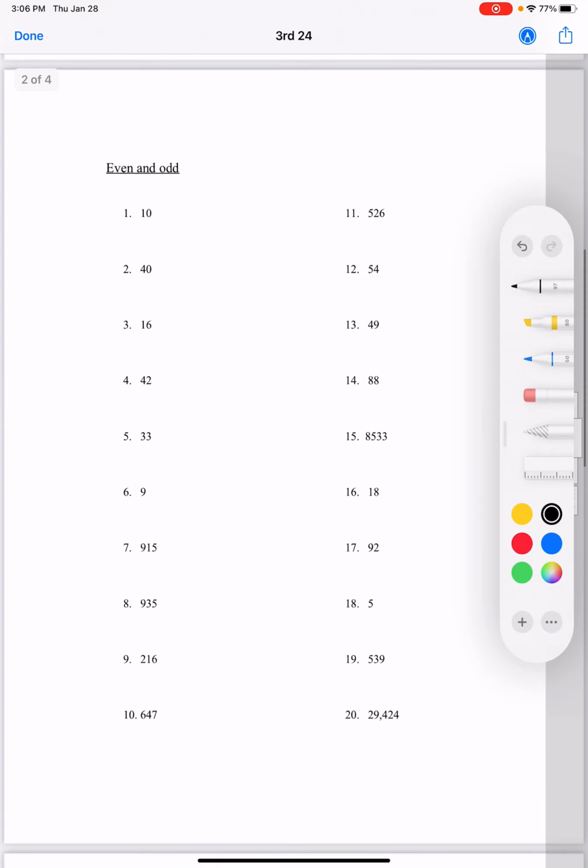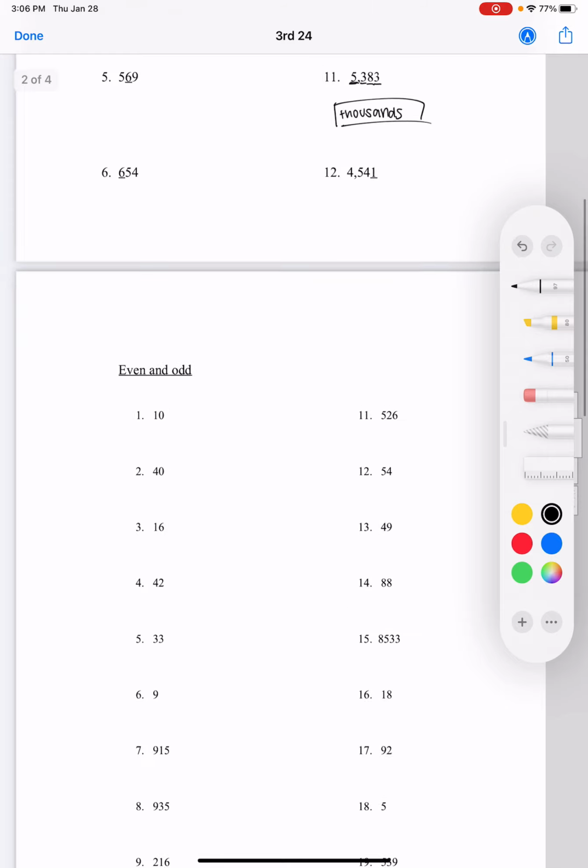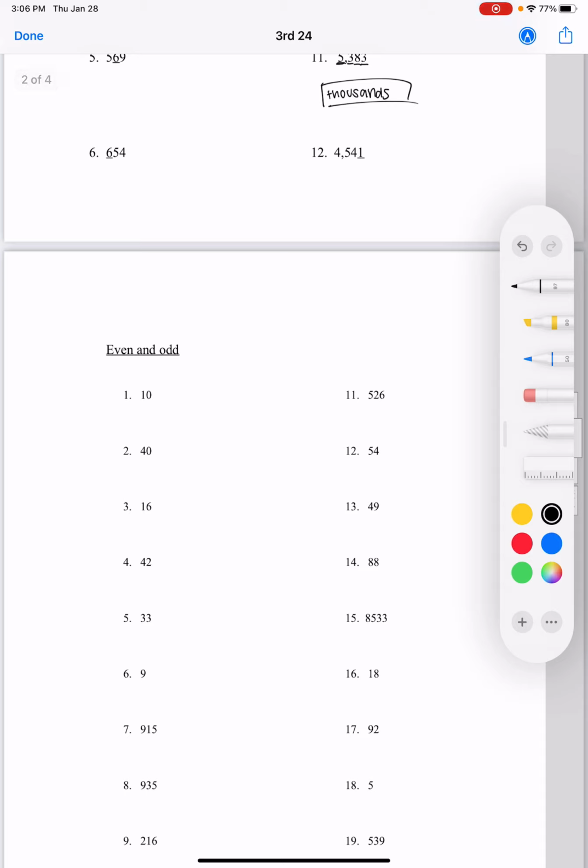Okay, next, it asks us to determine whether these numbers are even or odd. How you know whether a number is even or odd is, even numbers end in 0, 2, 4, 6, and 8, while odd numbers end in 1, 3, 5, 7, and 9.